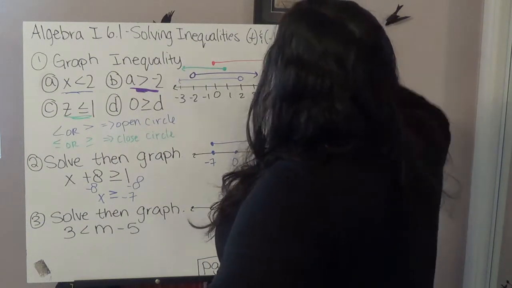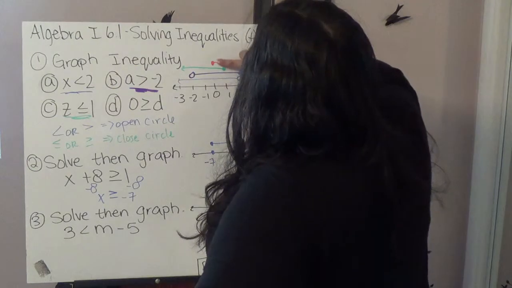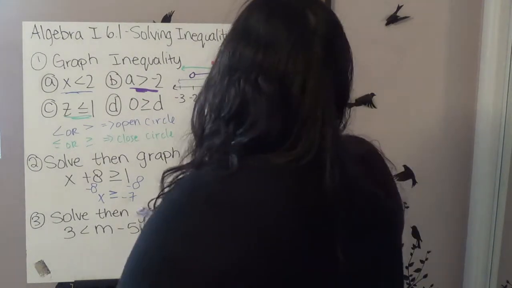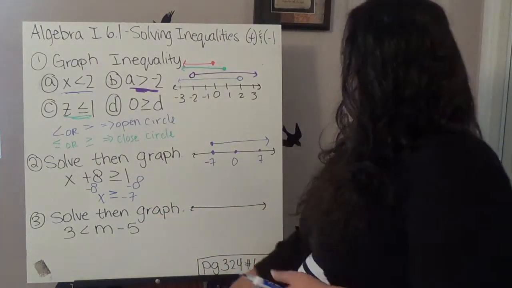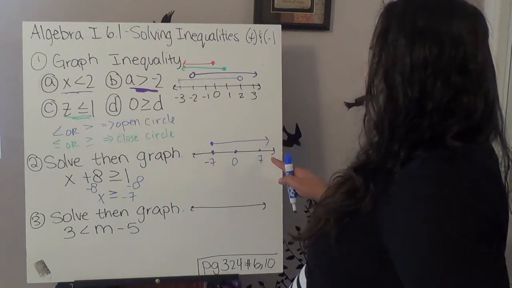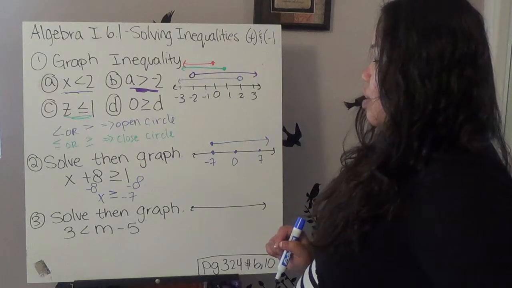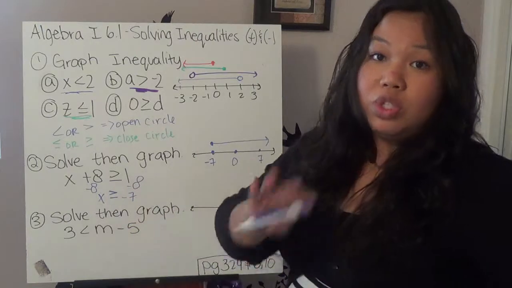You know what? Now that I think about it, d is smaller than 0, so it should go this way, sorry. Okay, so -7, this is bigger than -7, so all these numbers can be x, and that's how I graph it. So the graphing part is similar to here, and this is very similar to treating it just like an equal sign.